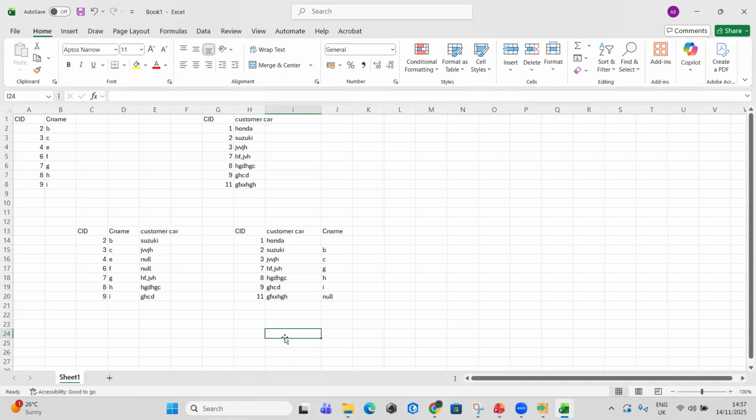So in the left join, the left table was the same one, but on the right, the customer column takes the customer ID and puts the customer name in front of that.